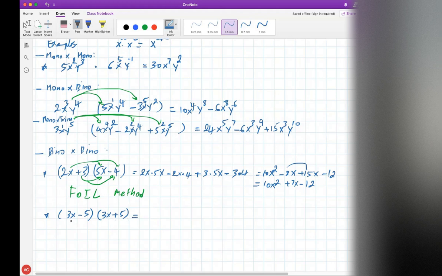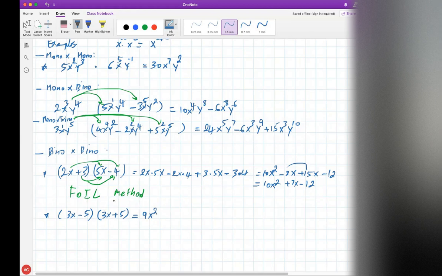So let's do this. 3x minus 5, all of it in the power of 2, right? Close enough, not exactly, but close enough. So let's multiply it and we'll see what we get. So 3x times 3x, that would be, everybody, 3x times 3x will be 9x in the second. That's right, 9x squared. So, okay, so we did this.